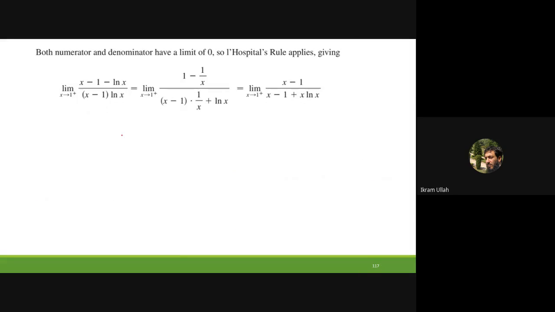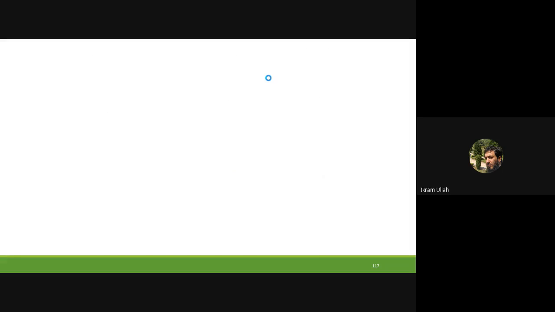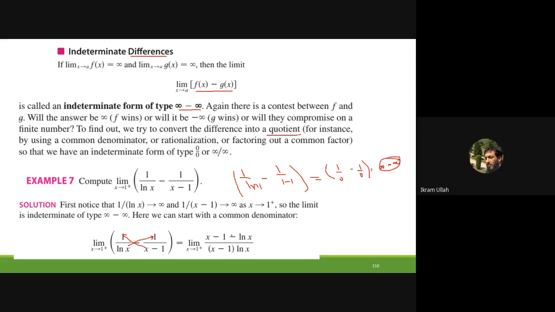Both numerator and denominator have limit 0, so L'Hopital rule applies. Because if you apply the limit, the numerator is 1 minus 1 is 0 minus ln of 1 is 0, divided by 1 minus 1 is 0.